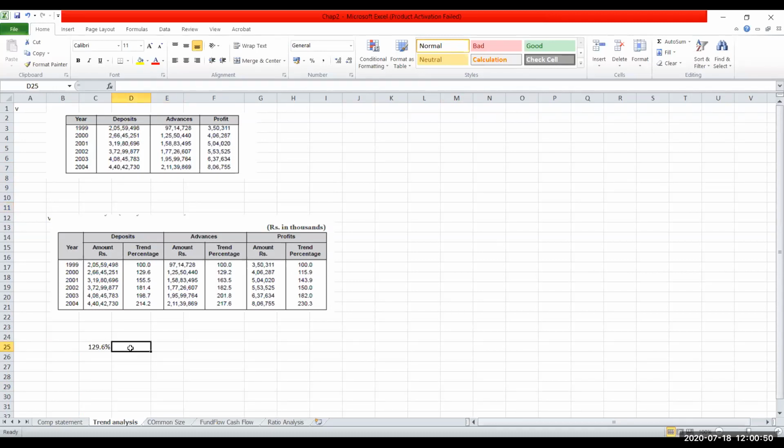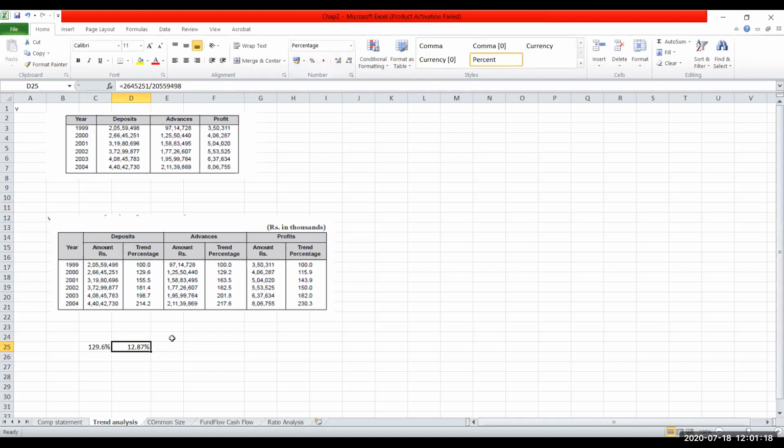For example, if I say this as a base, 266, 251 divided by 205, 51, 498. So I put it in percentage.